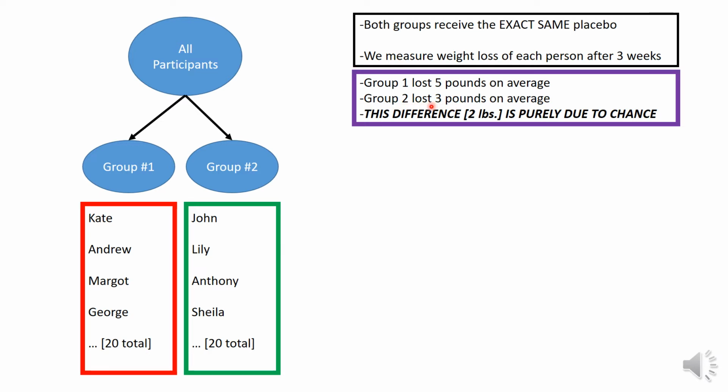Now this difference of weight loss, which is 2 pounds, 5 pounds minus 3 pounds, this group difference in weight loss is purely due to chance. Because remember, I treated the people in group 1 the exact same way I treated the people in group 2. So it's only a chance happening that group 1 just happened to lose more weight than did the people in group 2.